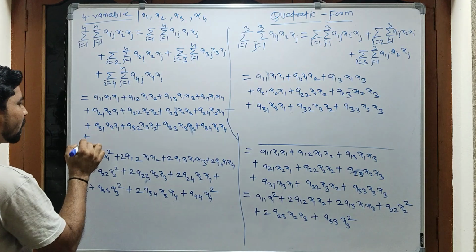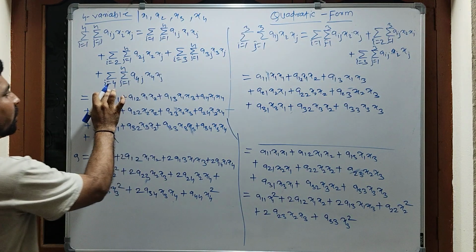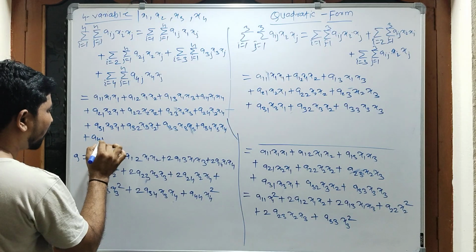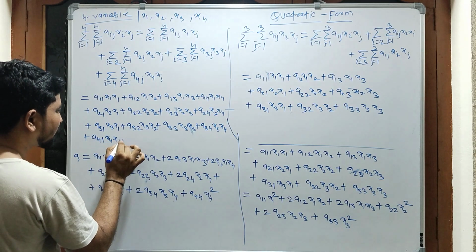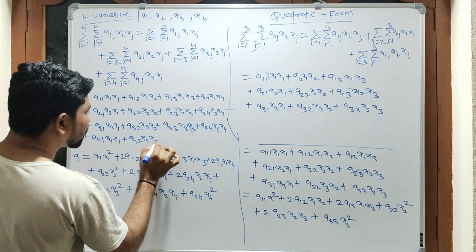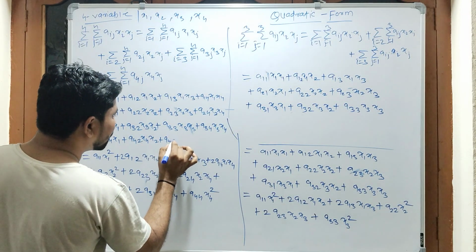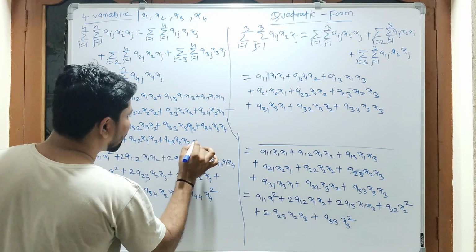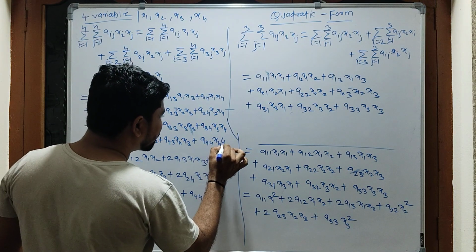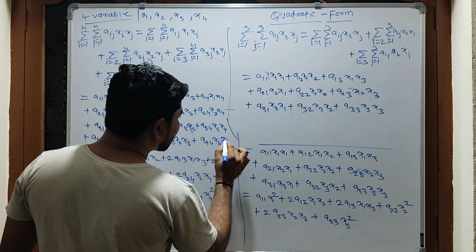Now when i is 4: a41 x4 x1 plus a42 x4 x2 plus a43 x4 x3 plus a44 x4 x4.